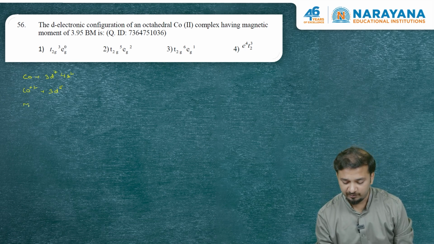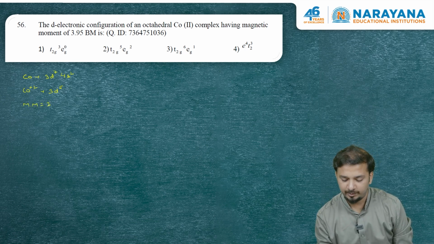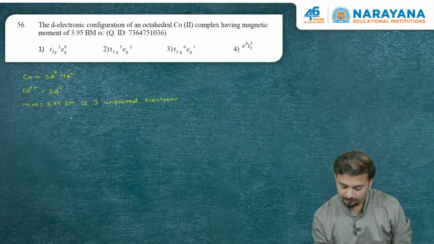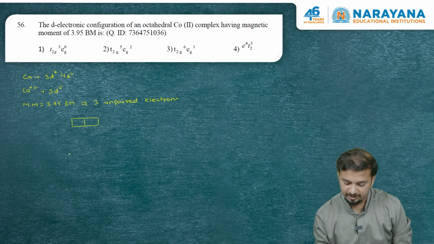This means that there are 3 unpaired electrons. So if you write the electronic configuration based on eg and t2g, so the configuration will be 1, 2, 3, 4, 5.